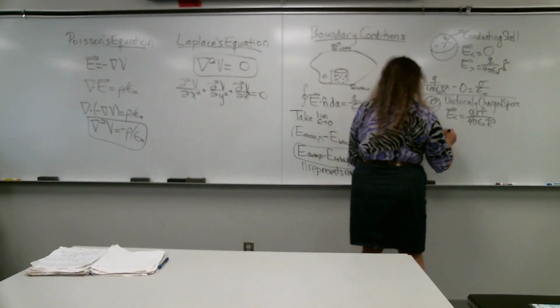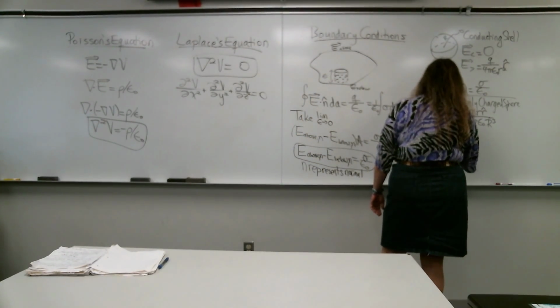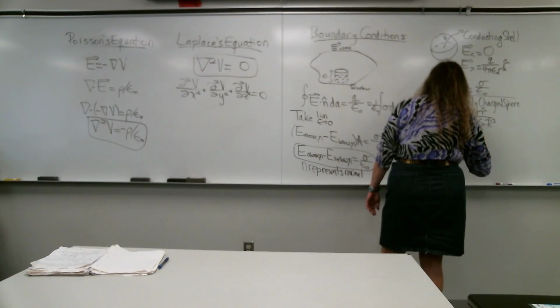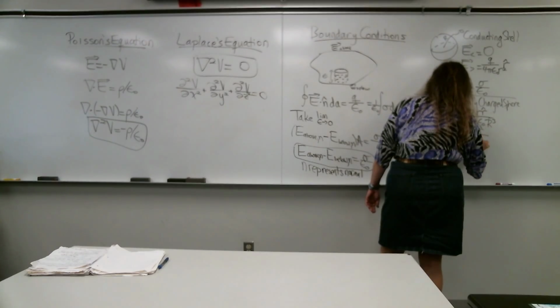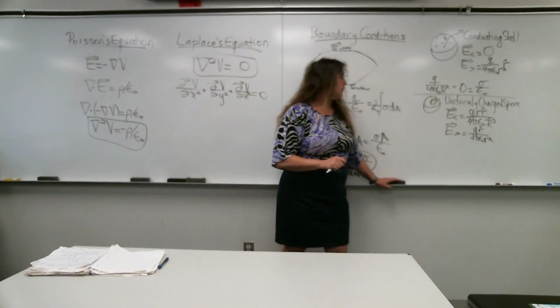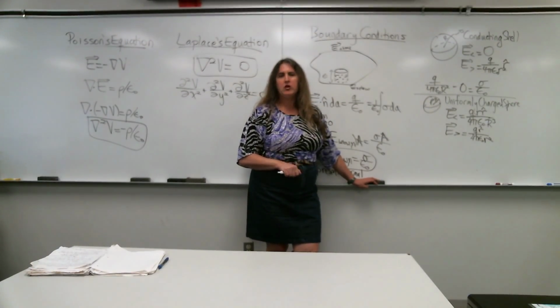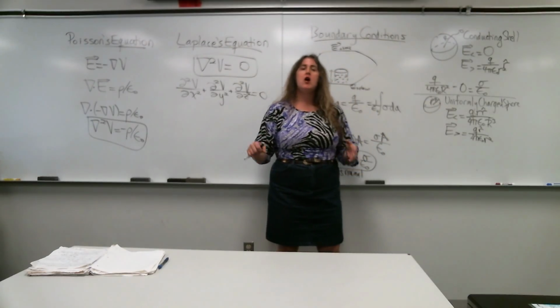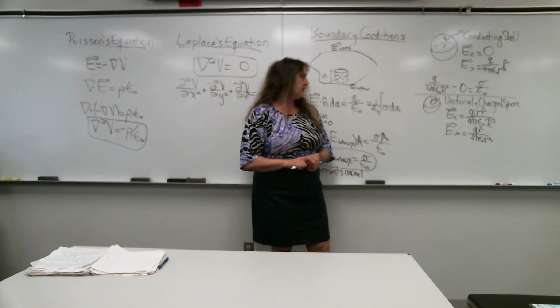Outside, the electric field was equal to Q over 4 pi epsilon naught r squared in the radial direction. Once again, for a uniformly charged sphere, it looks as if all the charge were concentrated at the center.